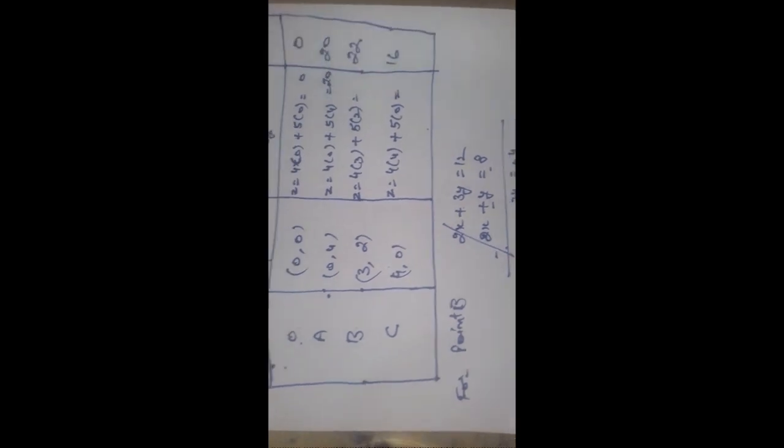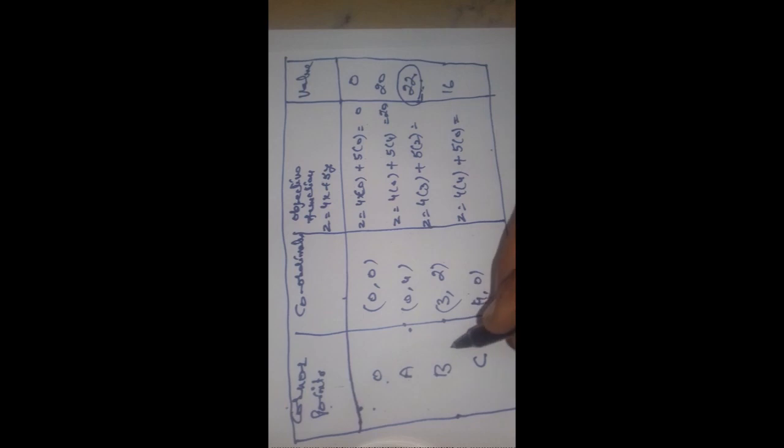And so we can finish this: the subject is maximization, and the maximum value is at point B, where x equals to 3 and y equals to 2.